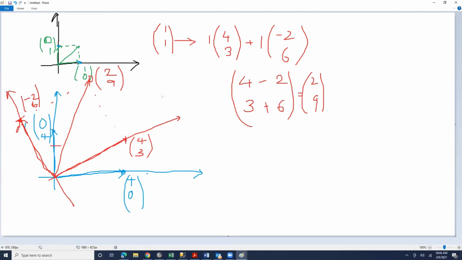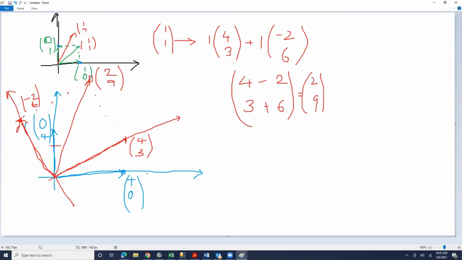Are you still with me so far? My initial unit vectors along the x and y directions ended up at 4, 3 and minus 2, 6, and that meant my vector 1, 1 ended up at 2, 9. Now if I take any other vector, let's say this one, it looks like it's 1, 2.